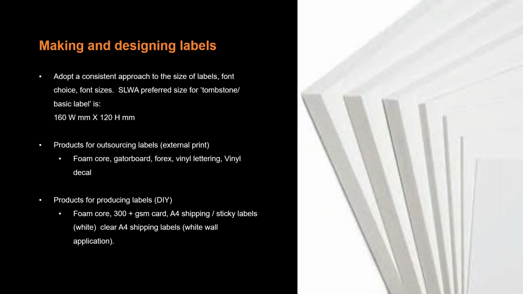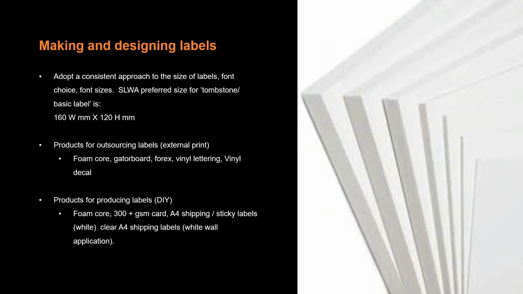So just as you would have a consistency in approach to your text and the amount of words on your labels without being too precious about it. 101 words. None of your visitors are going to count the number of words in a label.